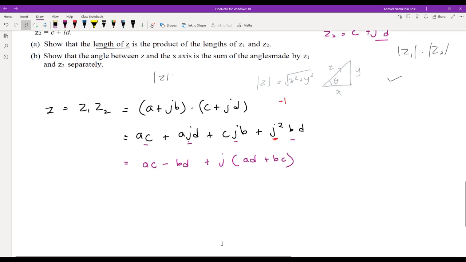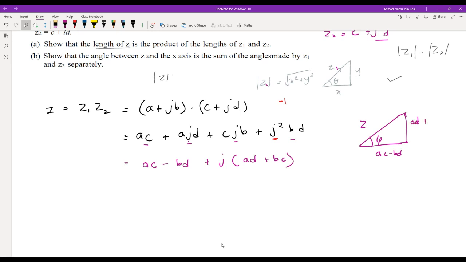So right now, because we have Z1, XY, we have for Z, Z is equal to AC minus BD, and AD plus BC. This means the Z value here has another angle.